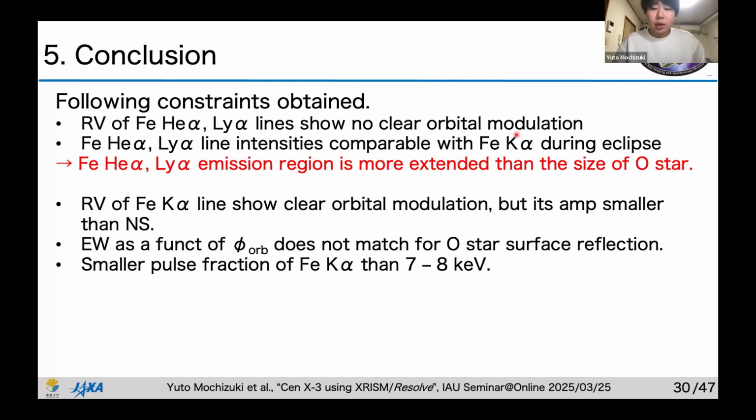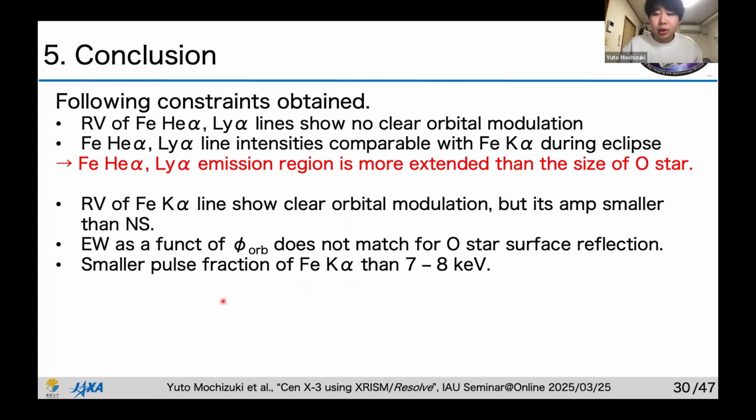In contrast, the radial velocity of iron K alpha shows clear orbital modulation, but the amplitude is smaller than that of the neutron star. And the equivalent width of iron K alpha as a function of orbital phase does not match the reflection from the surface.